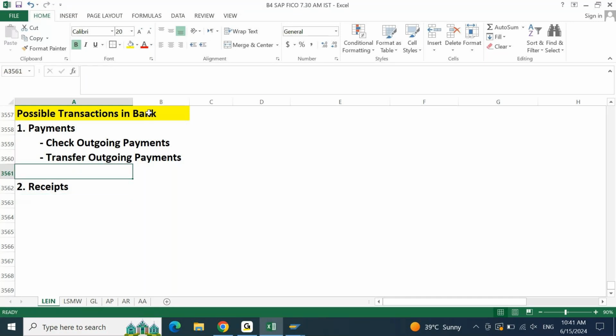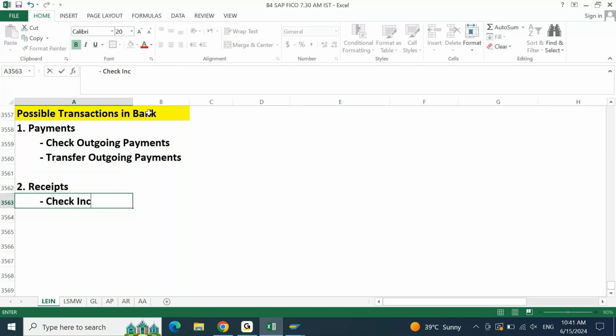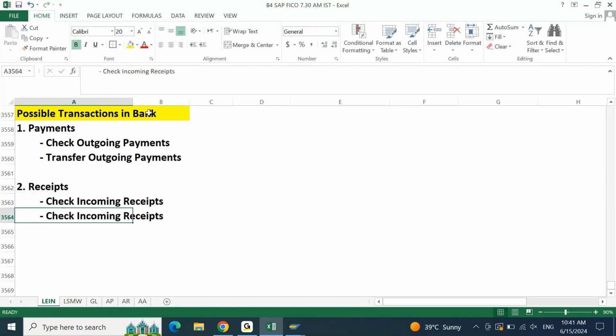Now, I can say check incoming receipts. Similarly, transfer incoming receipts. There can be multiple types of incoming payment or multiple outgoing payments, but end of the day, let it be anything, you are going to look at it as a payment.